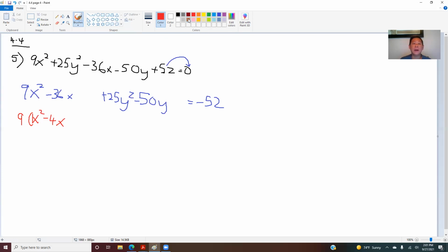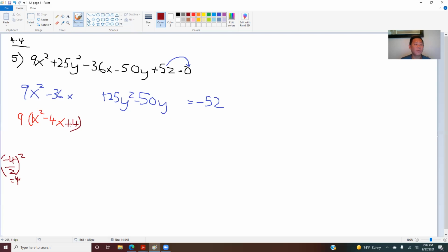Second step. Third step is you take your middle term, which is -4 or 4, doesn't matter, because you have to divide by 2, and you have to square it. That will give us -4 divided by 2 is -2, and when you square it, 4. So you have to add 4 on here.